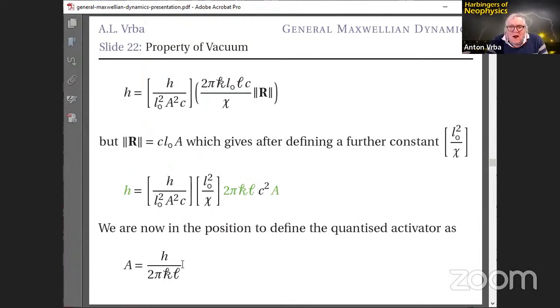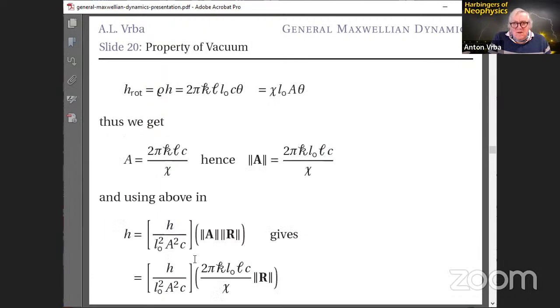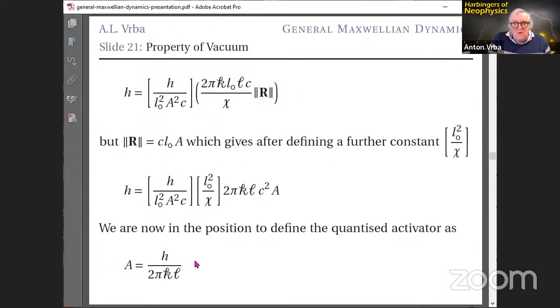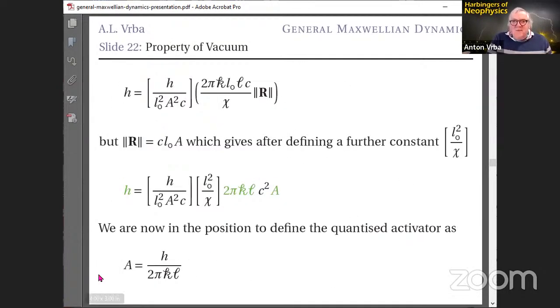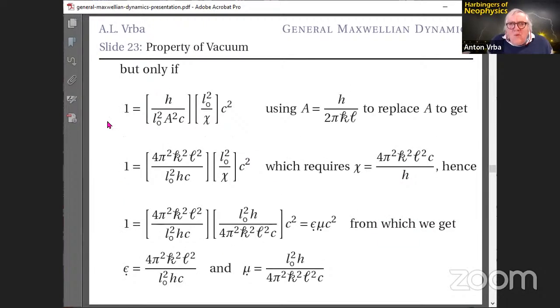And basically, I can say that A equals, can I just go back here? I've got this twice here. I didn't realize. So basically, I have developed that A equals H over 2 pi K times the load, which means that this has to be 1.